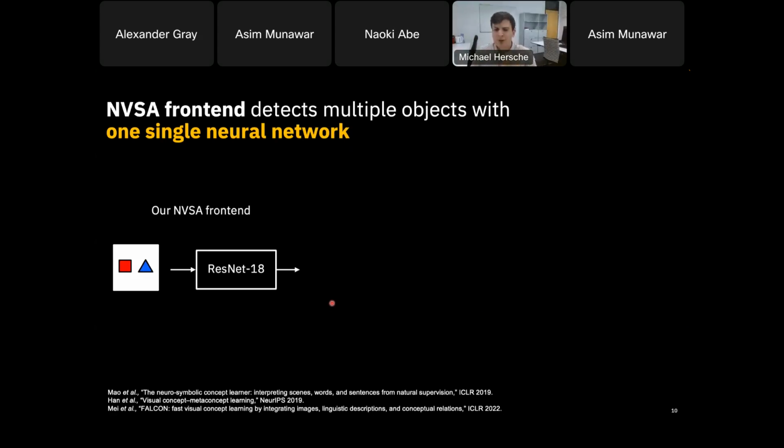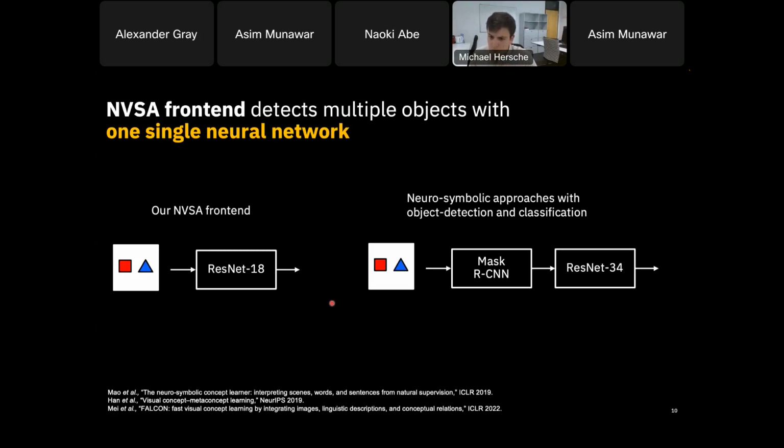This is not the case for other approaches, especially neurosymbolic approaches, that mostly take a two-step approach. First, one normally takes an object detector like a Mask R-CNN to detect the individual objects and crop them, and then passes each of the cropped images through a classifier, let's say a ResNet-34. This needs more parameters and also more compute.